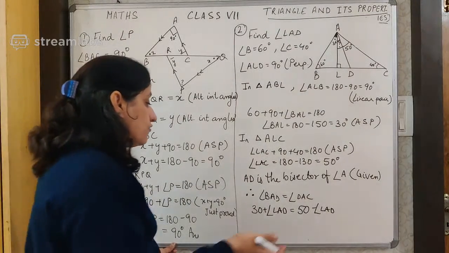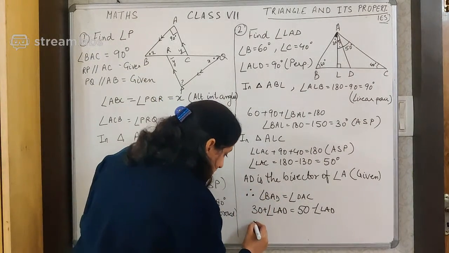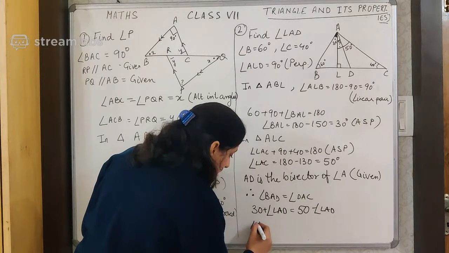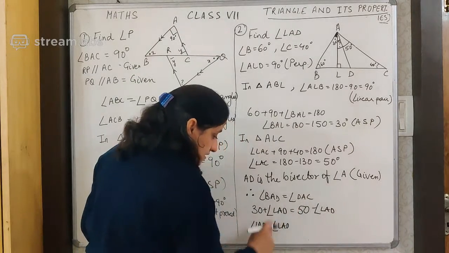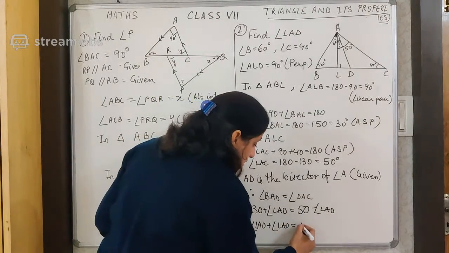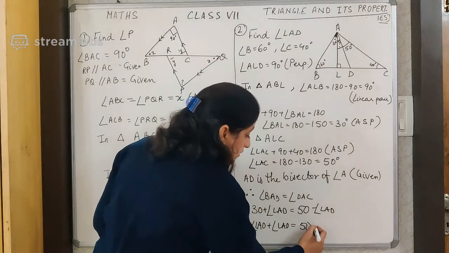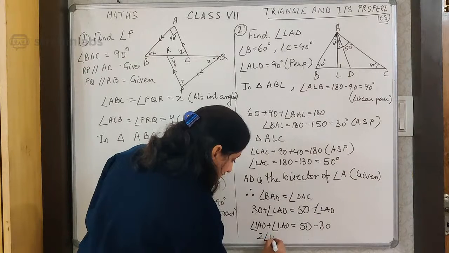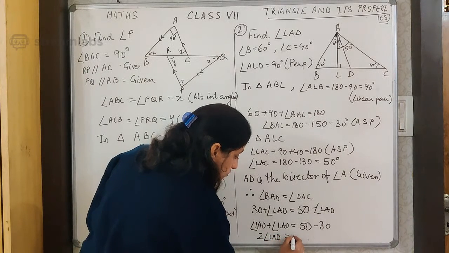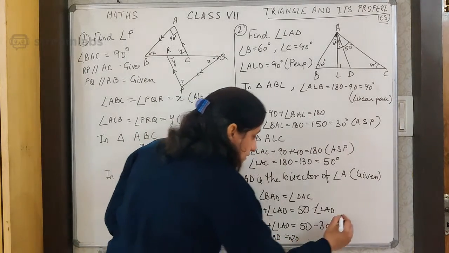Alright. Now we will solve this just like an equation. I can take it x also, but I have written it only LAD. So let me continue like this. LAD, this is coming this side and becoming plus, is equal to 50, 30 going that side becoming minus. So I get 2 times of angle LAD is equal to 20 degrees.